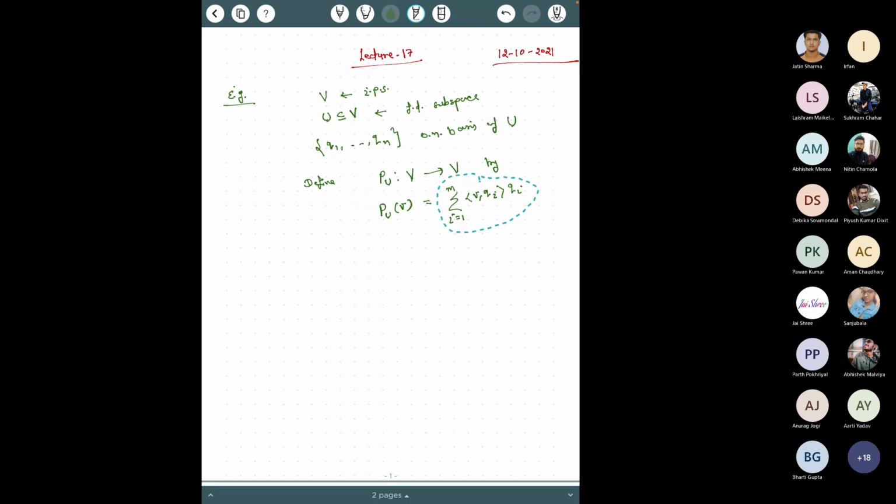In fact, you can show that this is a linear transformation such that P_U squared equals P_U. That means it's a projection. Not only that, the range space of this is U, and the null space of this is U orthogonal complement. So this P_U is an orthogonal projection, because the range of P_U is U and the null space of P_U is U orthogonal complement.